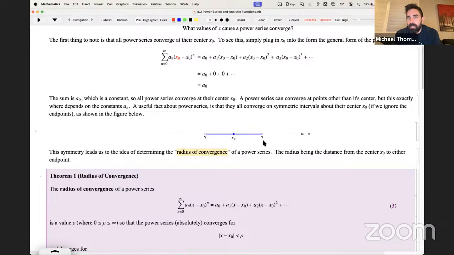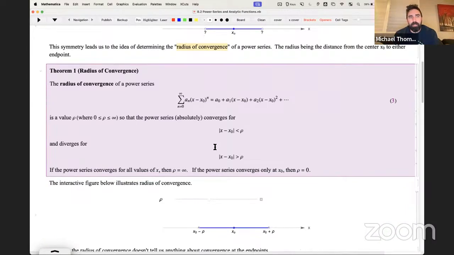Then we'd have to test the two endpoints separately. So there's this theorem, the radius of convergence theorem, which basically says that if you have a power series, its radius of convergence, well, it's what I was just saying above about how they always occur on symmetric intervals.